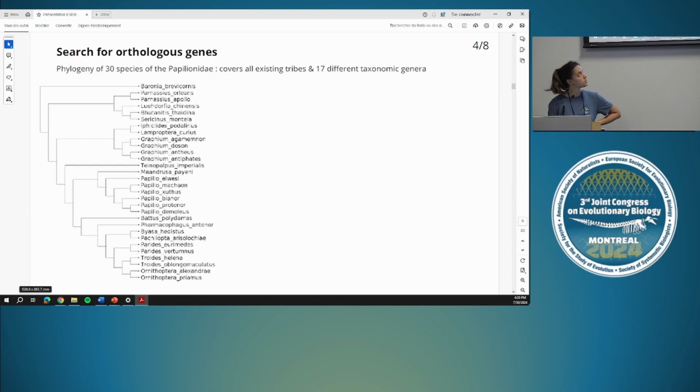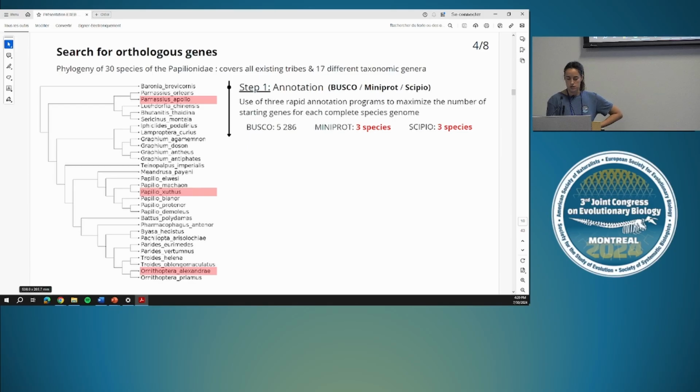To do this, I used the complete genomes of 30 species that provide a good representation of the Papilionidae family, since they cover all existing tribes and 17 different genera out of the 27 that exist.